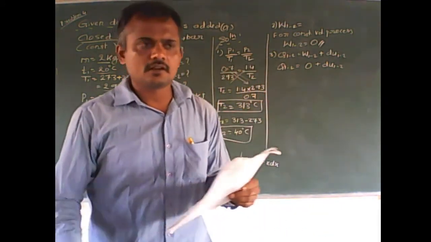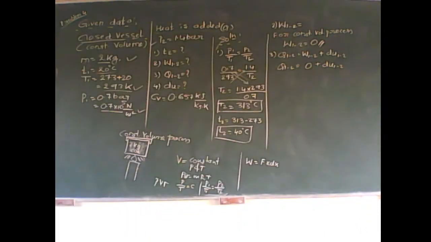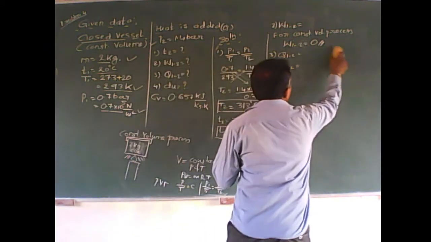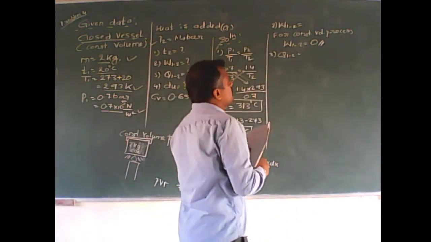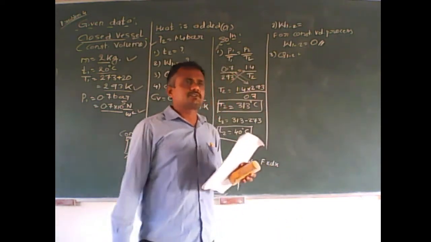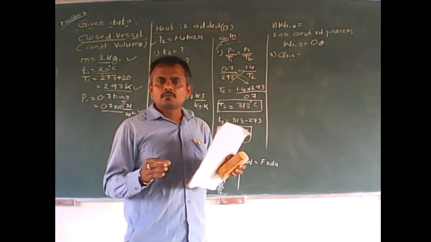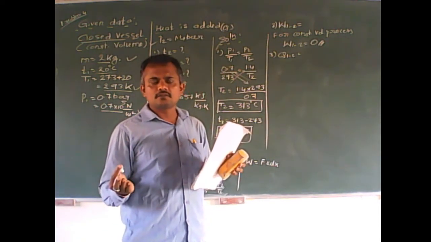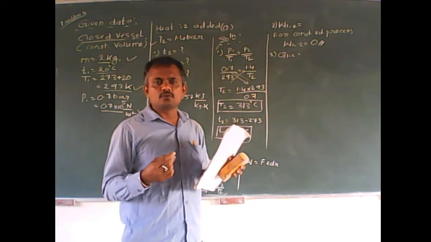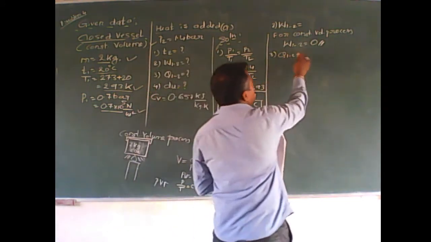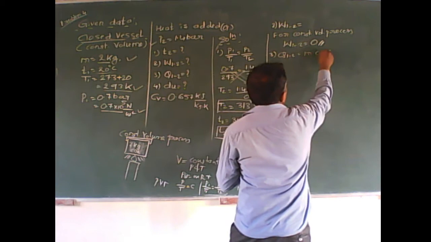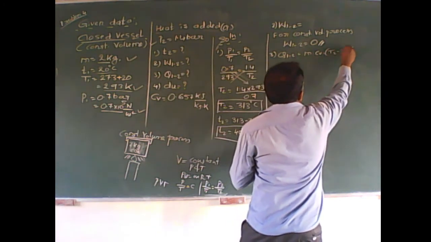Sorry, here I can make use of another equation for determining the value of heat supplied. Delta Q, we know the expression, it's a product of mass into specific heat into change in temperature. That is Q is equal to m into Cv into (T2 minus T1).